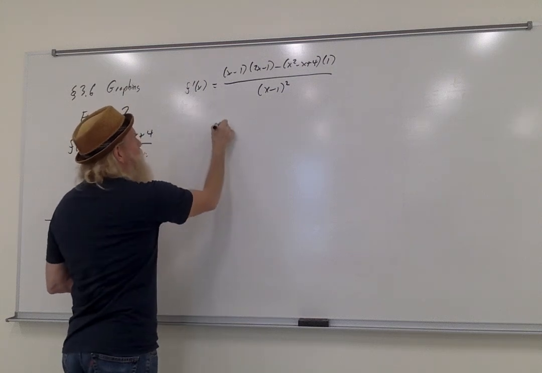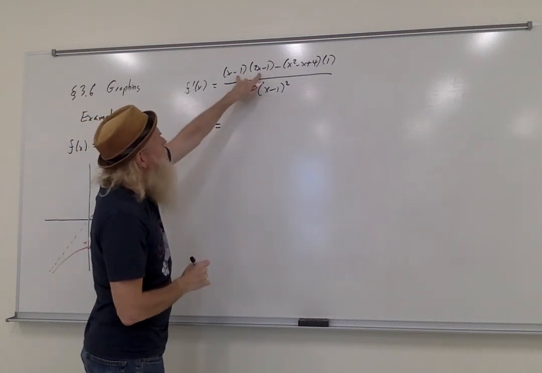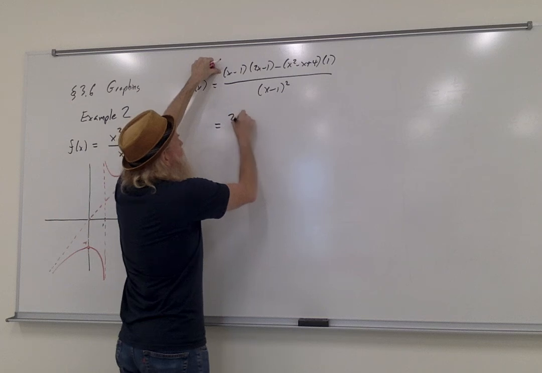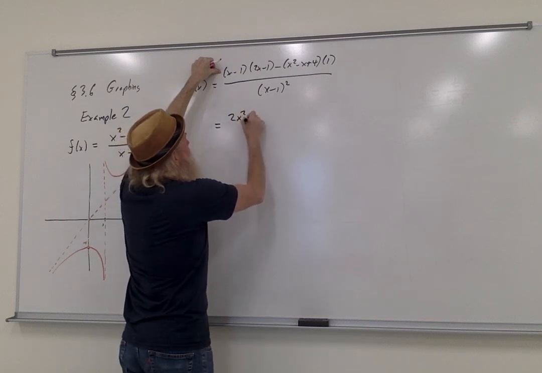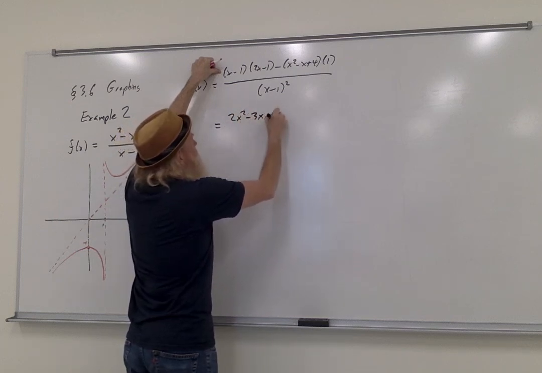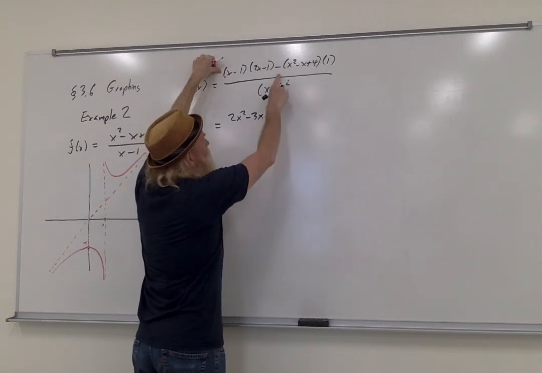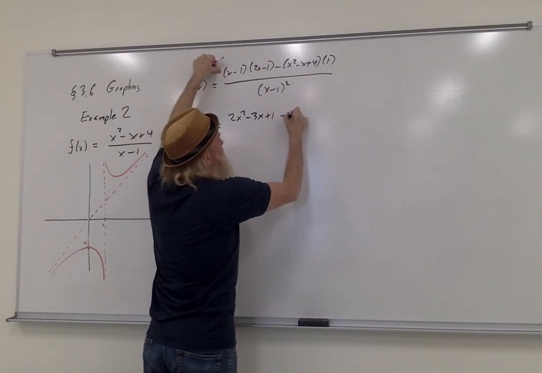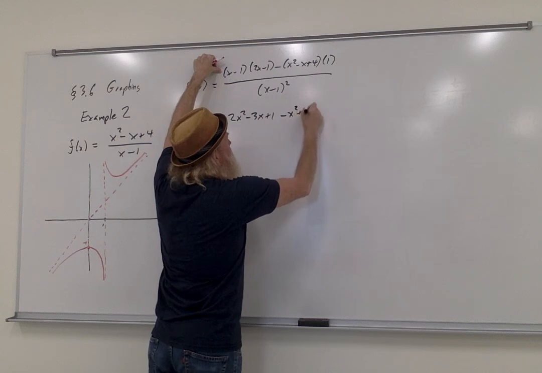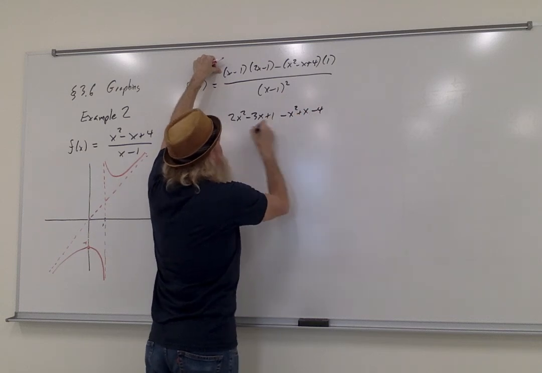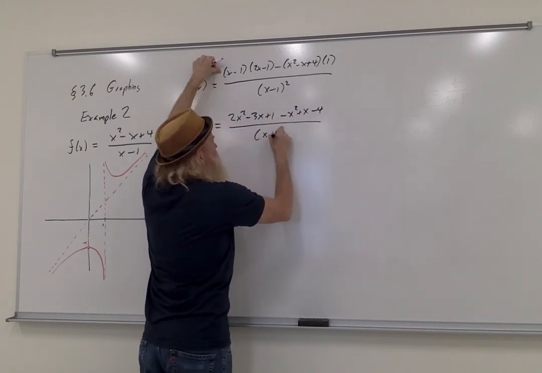Let's simplify that numerator. Multiplying these two binomials, I have 2x squared minus 3x plus 1, and distributing this minus sign, minus x squared plus x minus 4, all over x minus 1 squared.